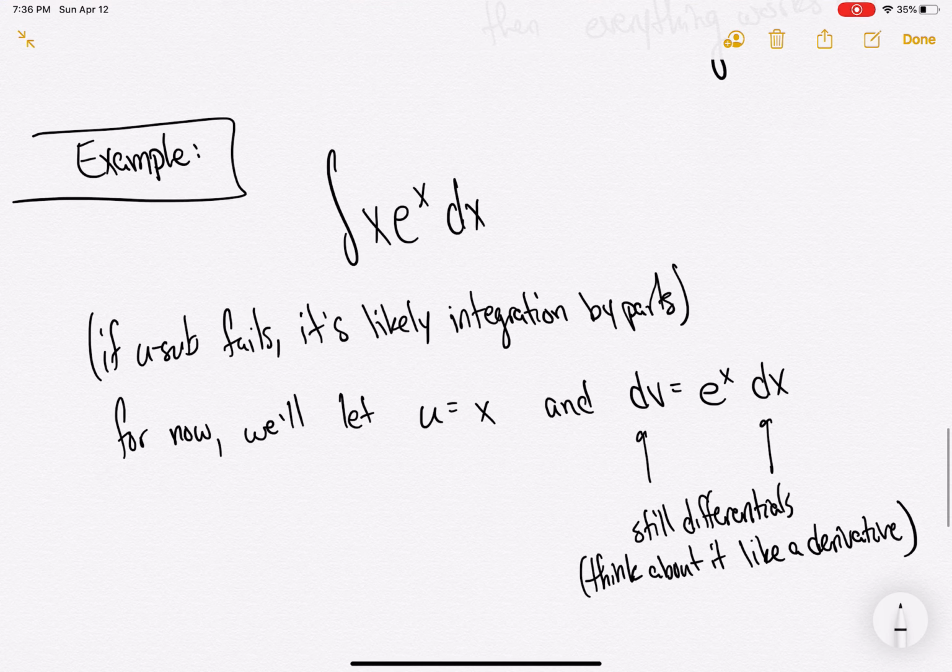So this is very similar to u substitution, where we wanted to find u and du. It's just this case that the dv part can be a different function altogether. That's why we use it when u sub fails. So u is x, and then dv is e to the x dx. And you want to think about that as the derivative of something.